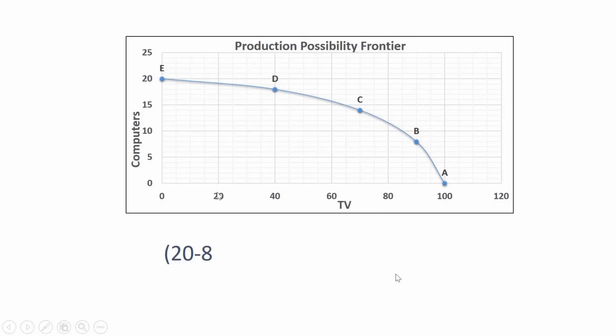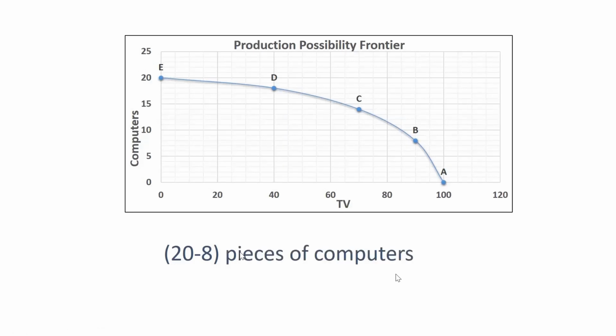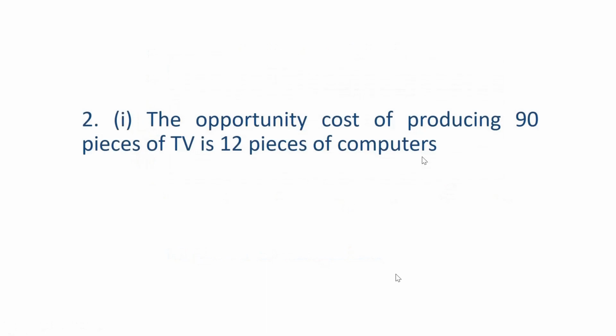So the difference will tell us the sacrifice that we are making in terms of computers, and that is the opportunity cost. So when we take the difference, we see that for us to be able to produce 90 units of TV, we have to forgo 12 units of computers. So the opportunity cost of producing 90 pieces of TV is 12 pieces of computers.